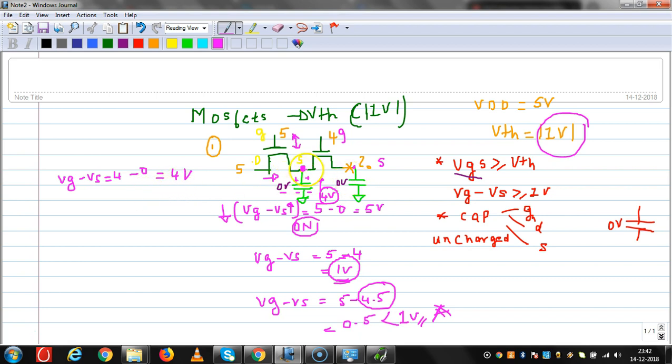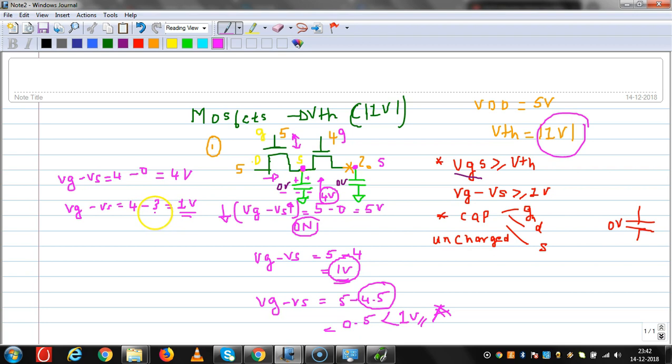So going by the analogy which we just spoke about, what do you think is the maximum voltage which can appear here such that the MOSFET is still on? What is that value? The value is 3 volts, correct? Because if the source voltage is 3 volts, gate voltage minus 3 volts gives me 1 volt, which is the threshold voltage.